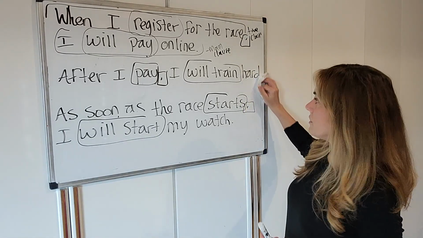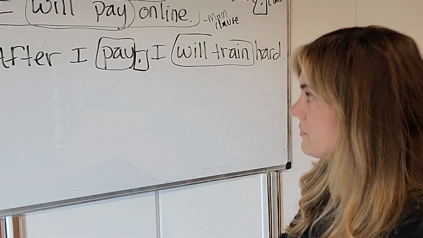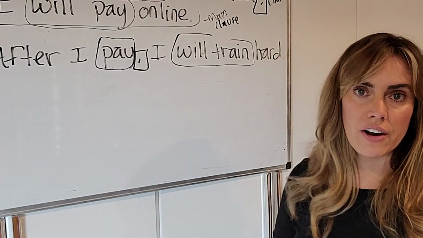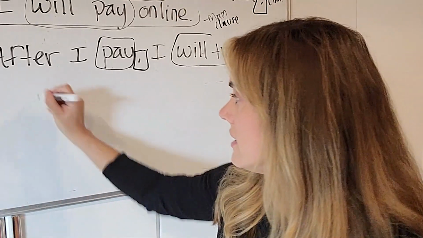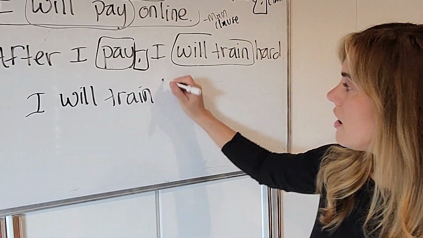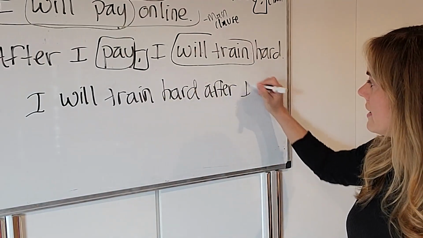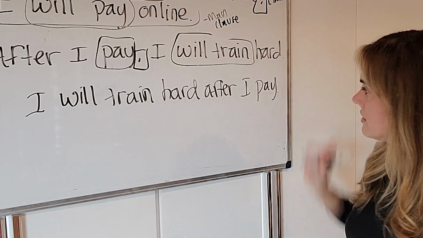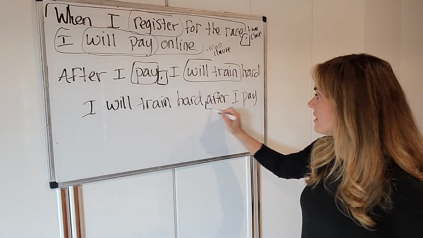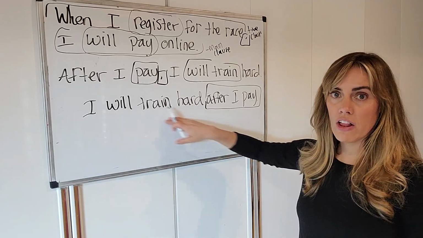So for example, let's rewrite this one. After I pay, I will train hard. You could also say, I will train hard after I pay. You see, now I put the time clause at the end after the main clause.